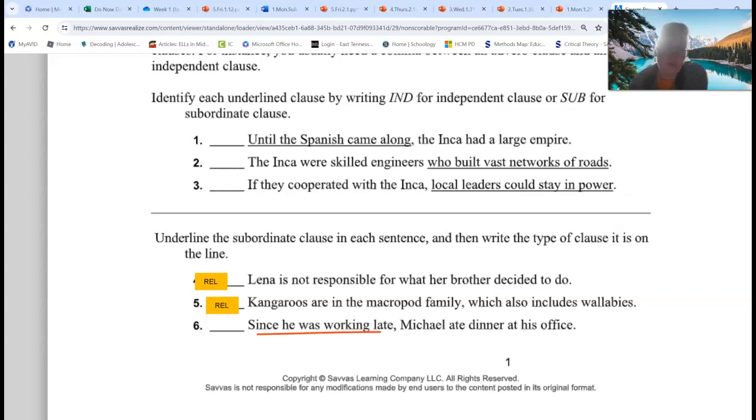Since he was working late, Michael ate dinner at the office. So what is this telling us about? Well, it's telling us about the event of eating dinner at the office. So remember, the ones that tell us about or give more detail on events, those are your adverbial clauses.